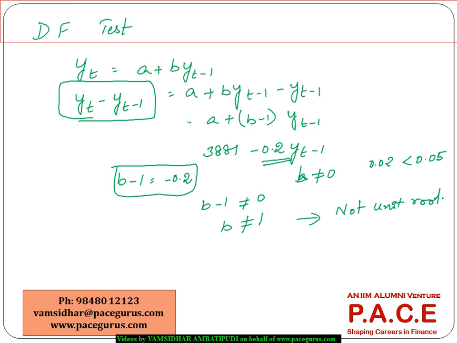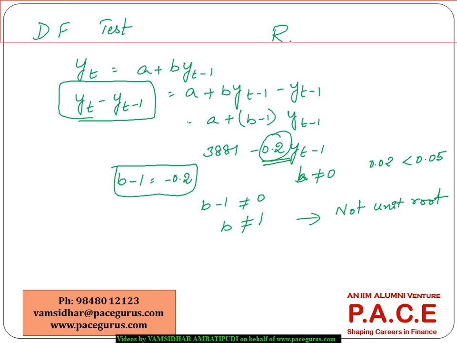If in this case the null hypothesis cannot be rejected, which means the coefficient here is not statistically significant, then it would have been the same as 0, which means b minus 1 would have been the same as 0, then b would have been more or less the same as 1. Wherever b comes out more or less as 1, we will say that it is not covariance stationary.